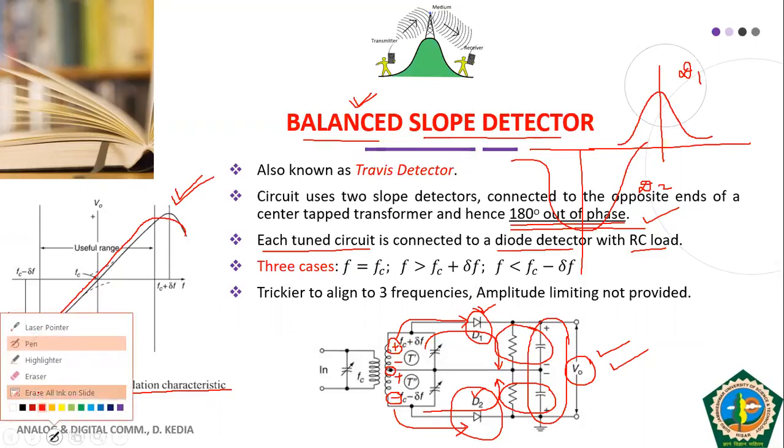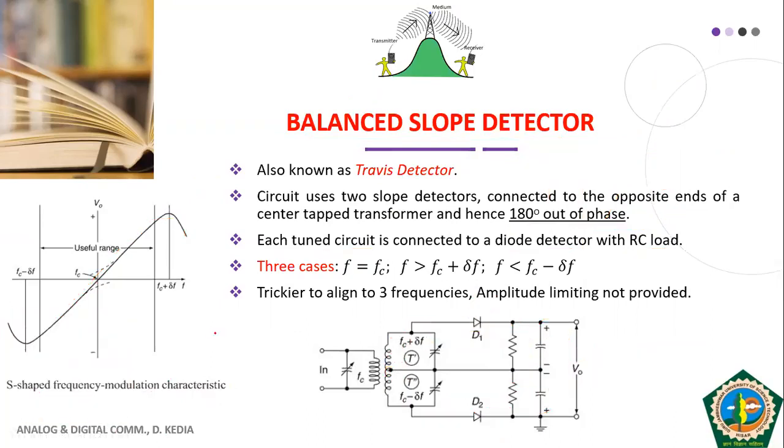Fine. I hope all of you have understood this. This S-shaped frequency modulation characteristic has only been obtained by balancing the two. And why have we done this? The main reason behind obtaining this S shape is to increase the linearity range.